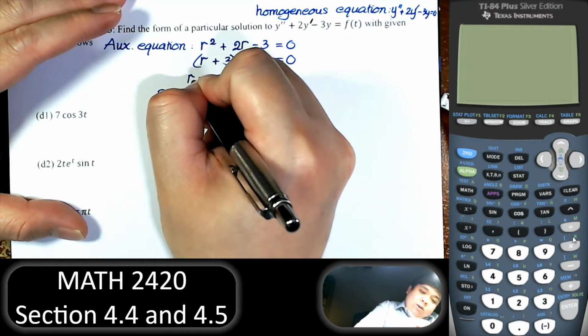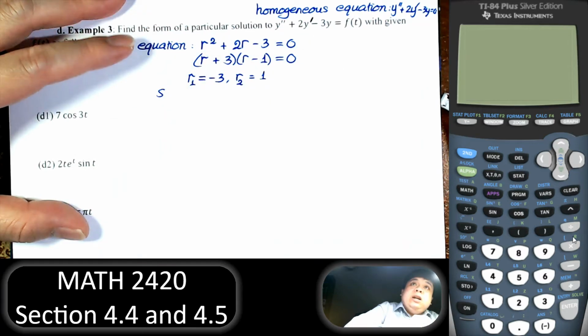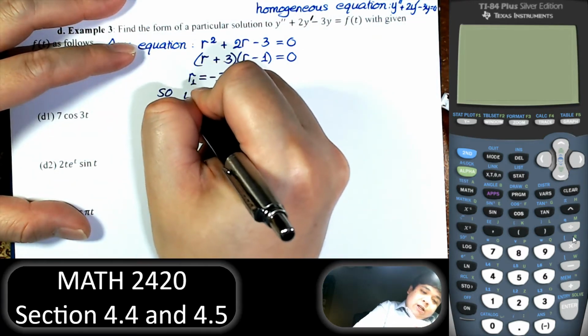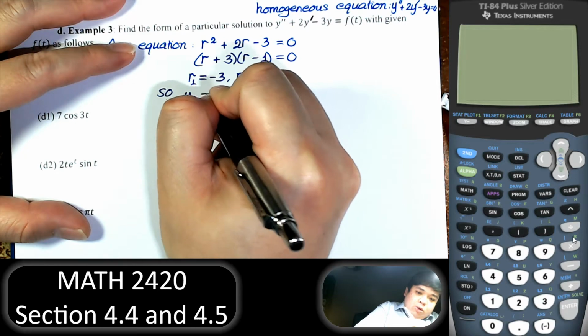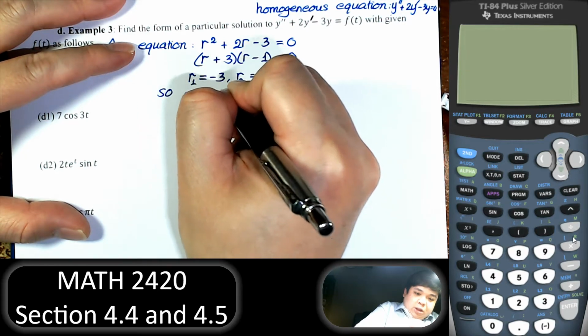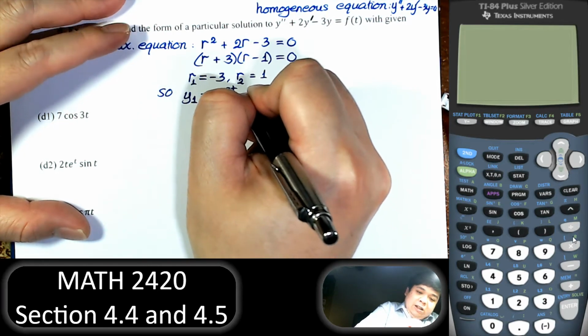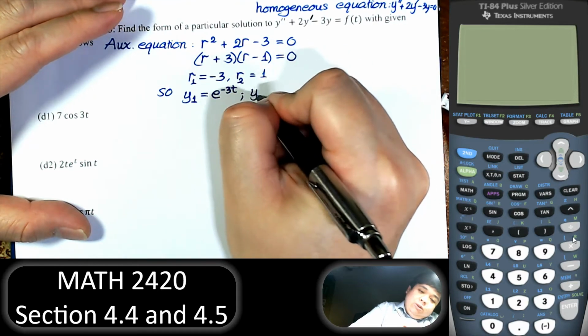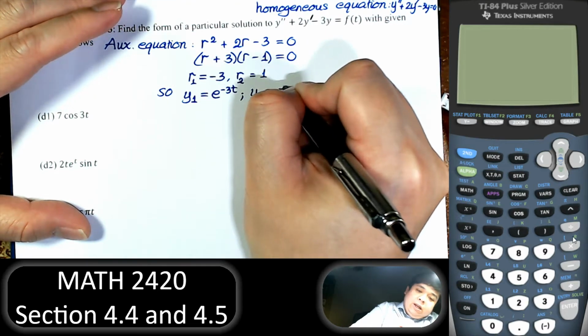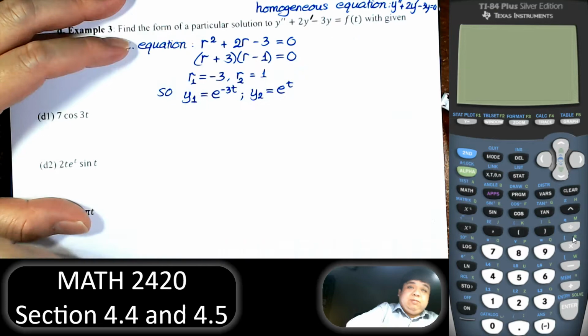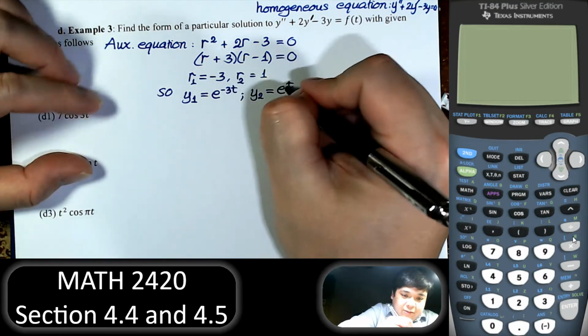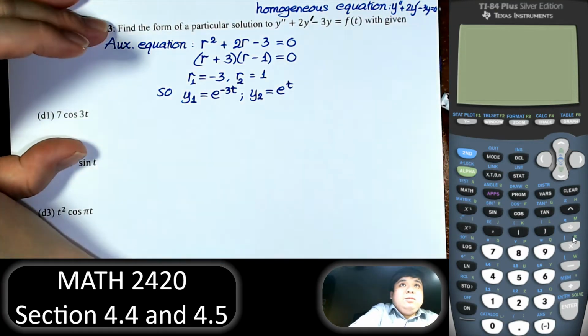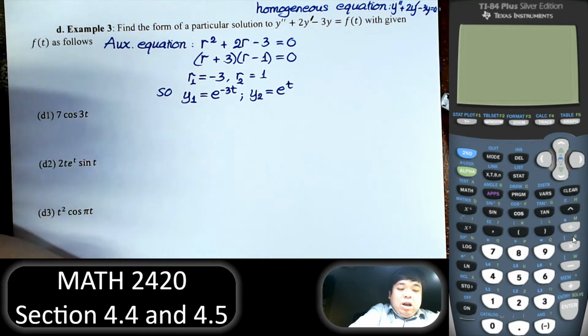So let's say r1 and r2. So we can say the first solution is e to the negative 3t, right? And y2 is e to the t.